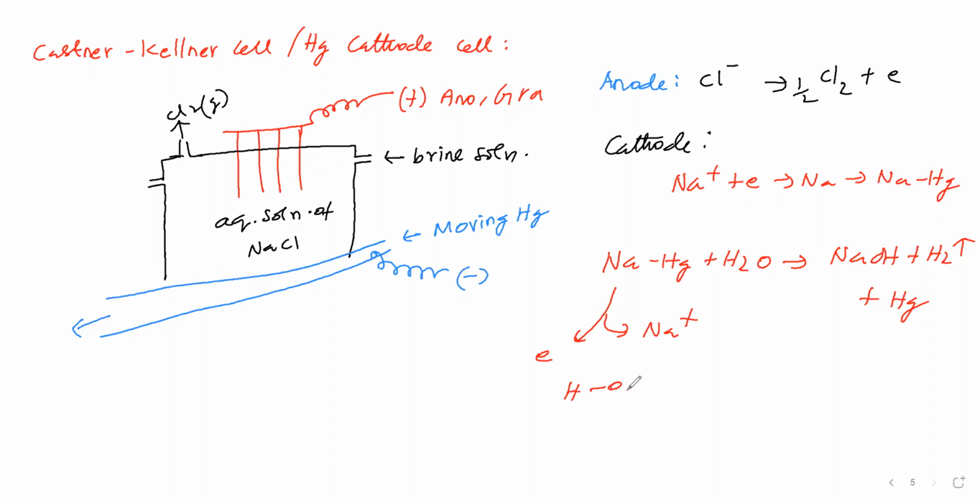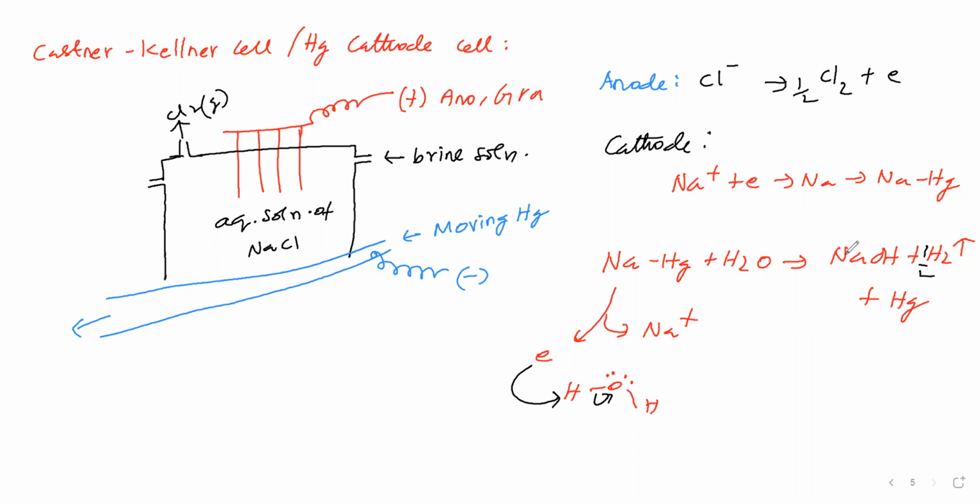In water, this electron attacks the water hydrogen. This bond shifts, so this OH becomes hydroxide, and sodium and hydroxide become sodium hydroxide. The hydrogen atom gains the electron and becomes hydrogen gas. Then mercury is detached. So we got sodium hydroxide.